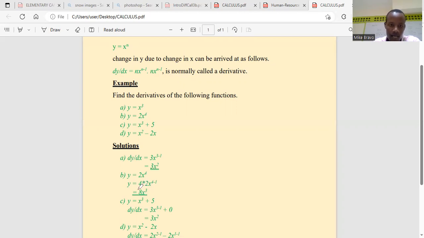So we will have 4 times 2, x power 4 minus 1. That will give us 4 times 2 is 8, x power 4 minus 1, which is 3. So our derivative becomes 8x power 3 or 8x cubed.